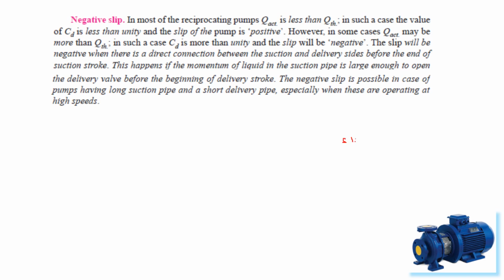The slip is theoretical discharge minus actual discharge divided by theoretical discharge. We can write it as 1 minus actual by theoretical.